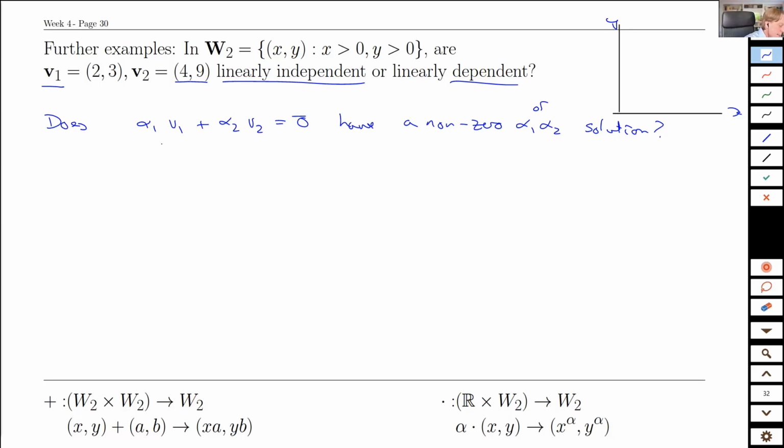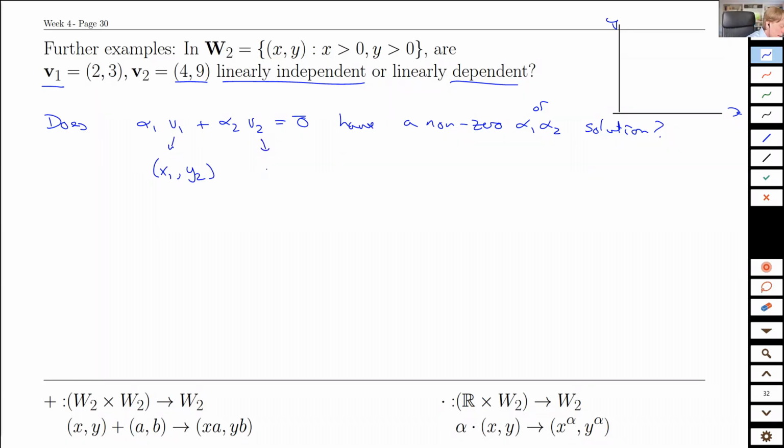All right. So does this have a non-zero solution, yes or no? Because that's really what defines linear independence or not. To be able to do that, what we really need to do is define our vectors. We have to be able to work with them at the level of the operations that we know, which is component by component.